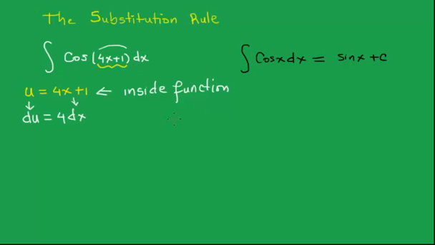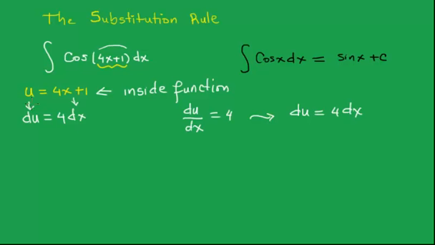Some people remember it by writing du over dx, the derivative of u with respect to x, which is 4, and it's kind of like multiplication. They multiply both sides by dx to get du equals 4 dx. That's another way of doing it. So the first step is you identify the substitution u equals 4x plus 1.